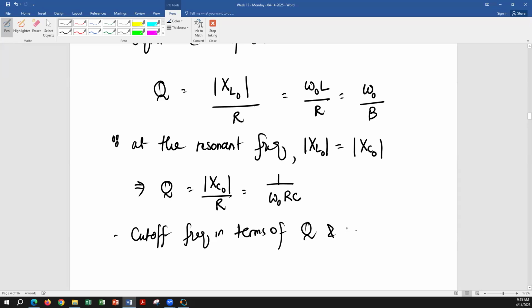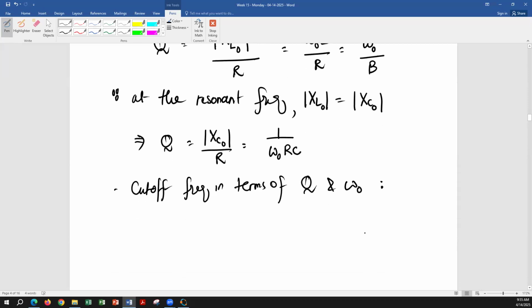We know the two cutoff frequencies, omega C upper and omega C lower, are given by the square root of (R over 2L) squared plus 1 over LC, plus or minus R over 2L.